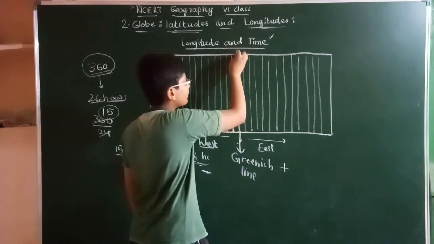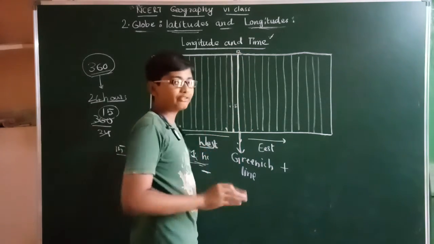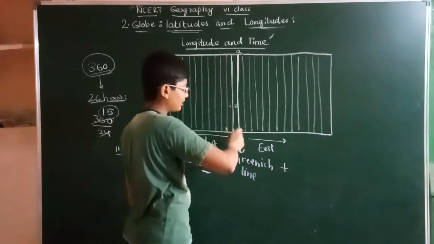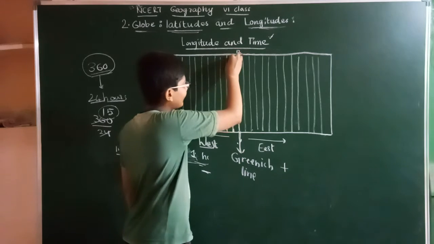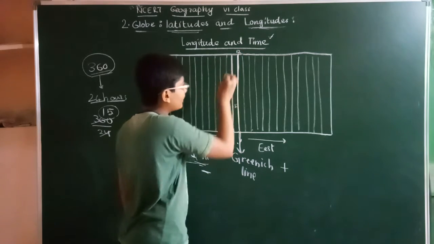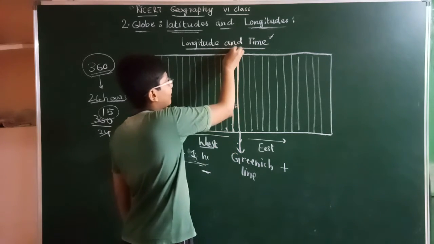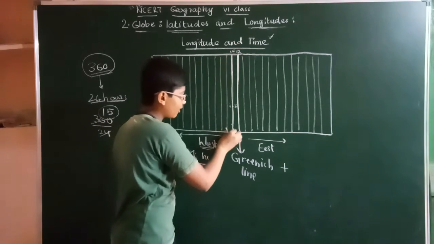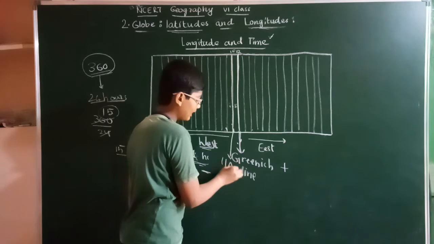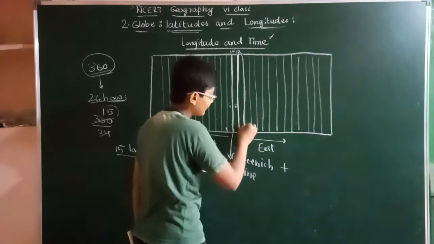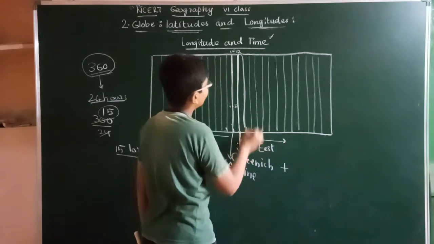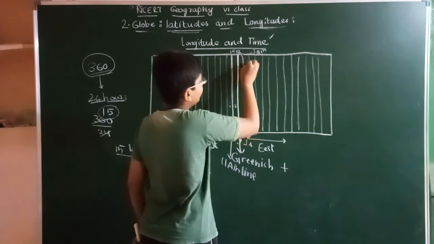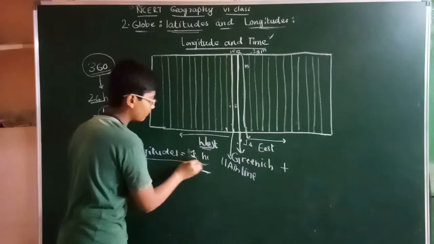Now suppose this is 12 afternoon, the sun is overhead at the Greenwich line. Then this longitude will represent 12 minus 1, because it is on the west side, so this is 11 a.m. And this line will represent 10 a.m. Here there will be a 15 degree difference, and 15 degrees is equal to 1 hour.